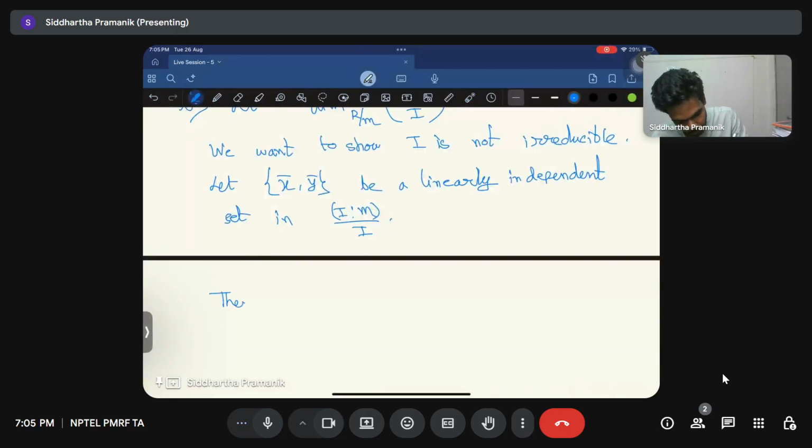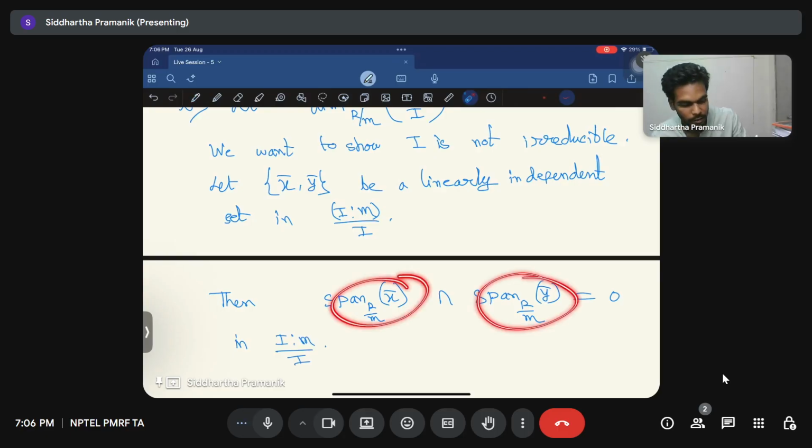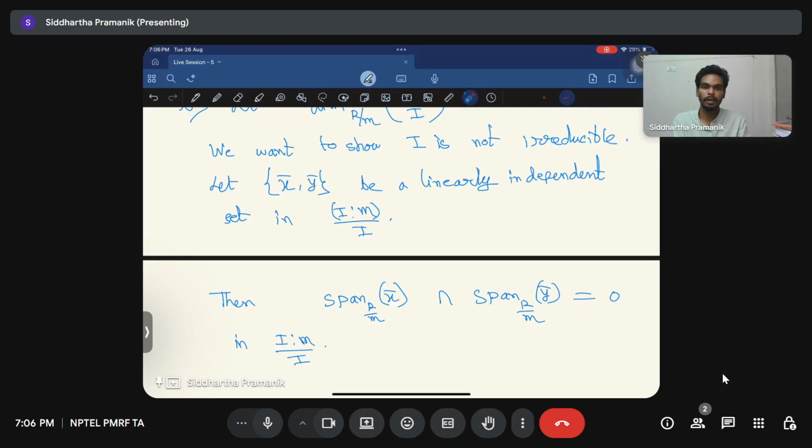So then if we take the subspace generated by x bar and take its intersection with the other subspace, then that has to be the zero subspace, 0 in the vector space I colon M modulo I, because these two are linearly independent vectors. So these two subspaces have to be disjoint, meaning their intersection has to be 0.